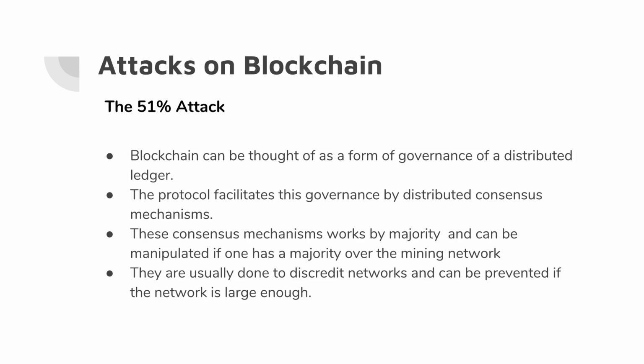If some malicious player happens to have a majority over the mining network, then they can add malicious blocks which they want, with transactions which are in their favor, and since this works on consensus, there wouldn't be enough majority to deny it, so the block gets added to the blockchain as a valid block.